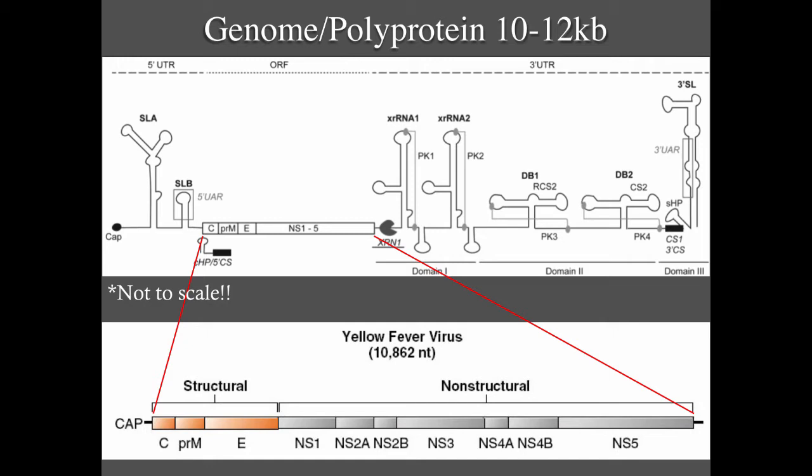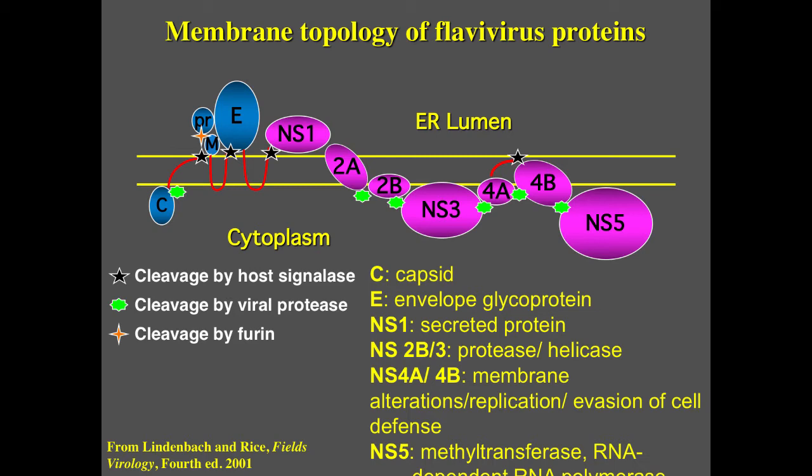Then there are all these non-structural proteins. All of these are more or less essential for virus replication. There are only 10 of them, so you can't really carry a lot of dead weight.